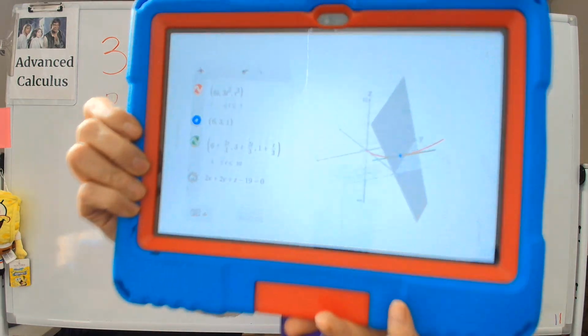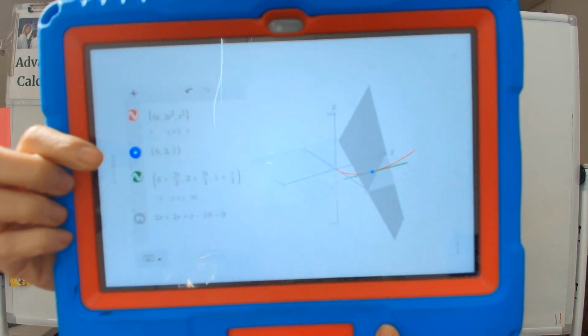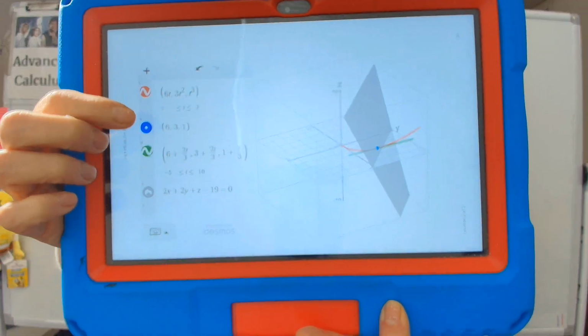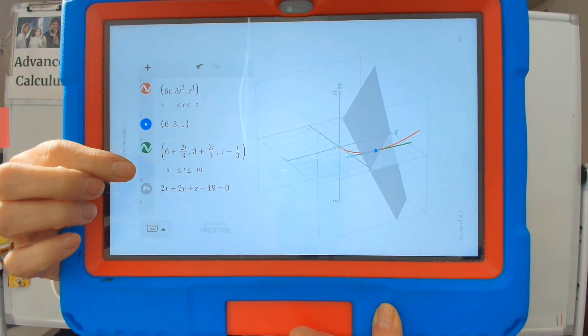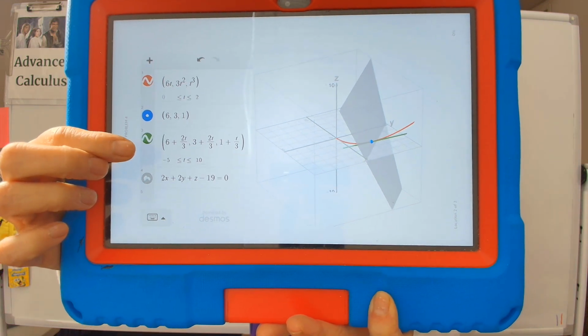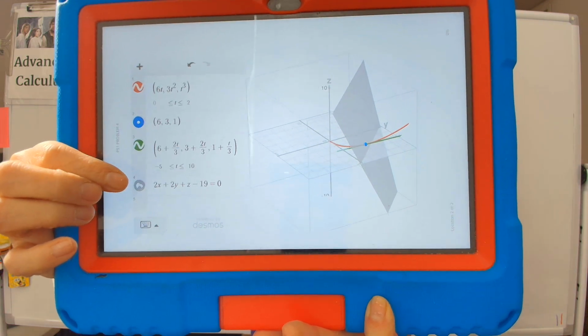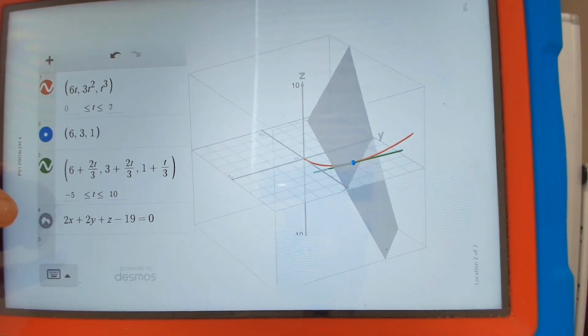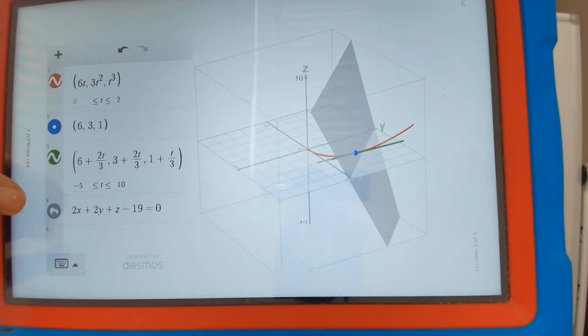See, here's what it looks like. Once I plotted it, everything does look right. Here are my points, my random point. You notice that the tangent line does look like a tangent, so that's good. And the plane right here, can you see it? The plane does seem to cross it at exactly 90 degrees.